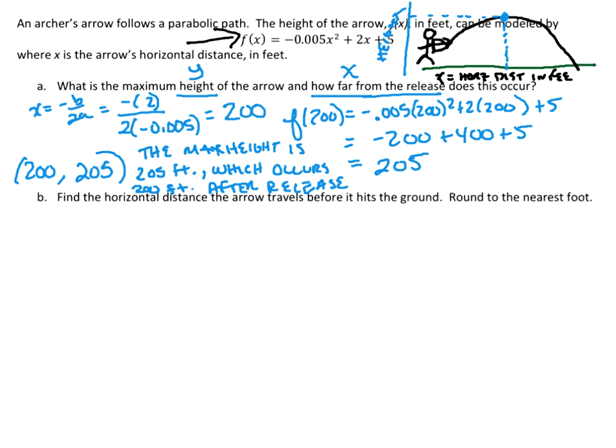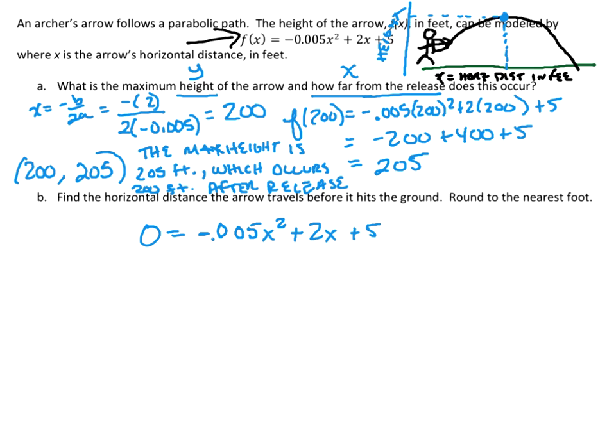Find the horizontal distance the arrow travels before it hits the ground. So that's when the height, or the f of x, the y, is 0. So I just plug in 0 for y to figure out when that happens. 0 equals negative 0.005x squared plus 2x plus 5.